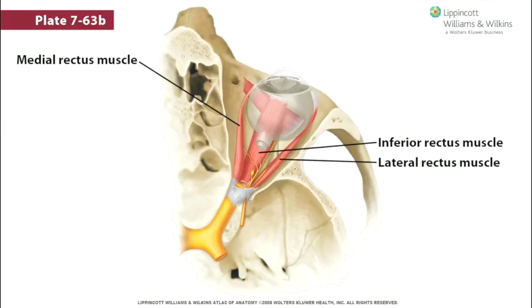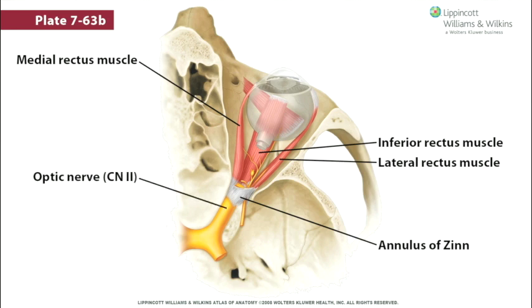The rectus muscles take their origin off of a common cone-shaped tendon, the annulus of Zinn, or the annular tendon. It is continuous with the periorbita and the dural sheath of the optic nerve posteriorly, and forms a cone surrounding the anterior sides of the optic canal and part of the superior orbital fissure.